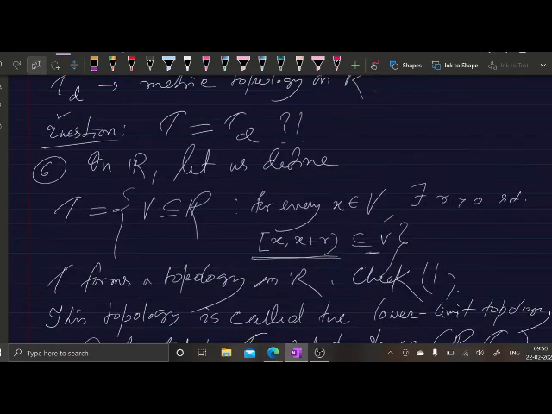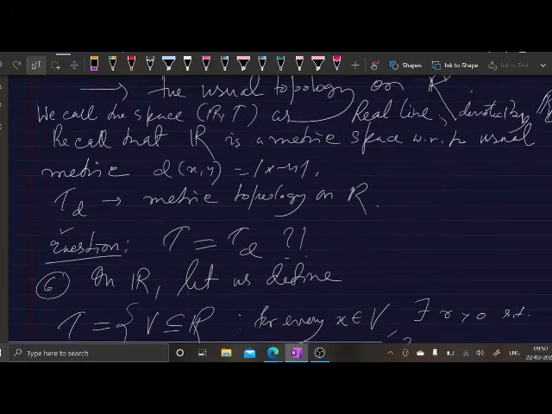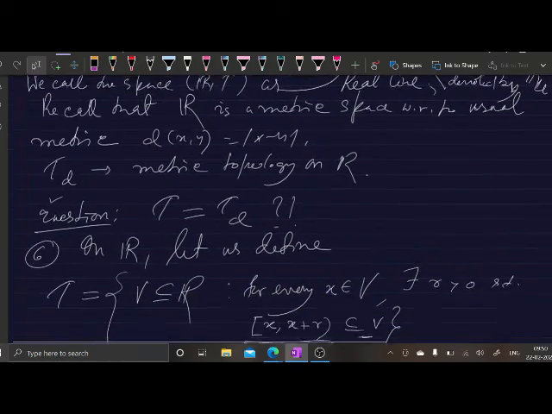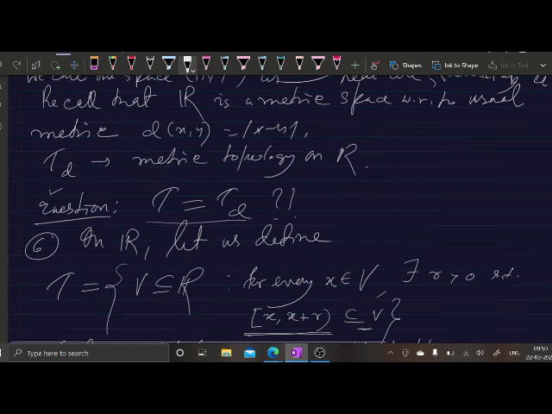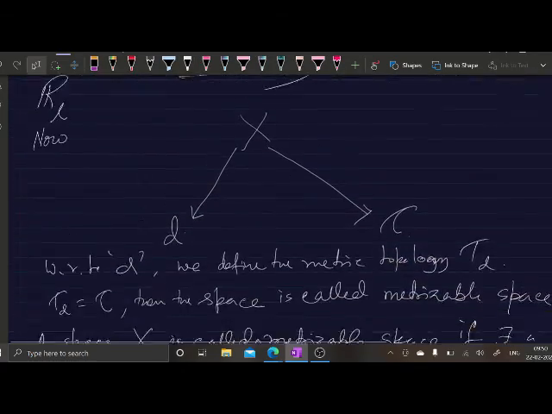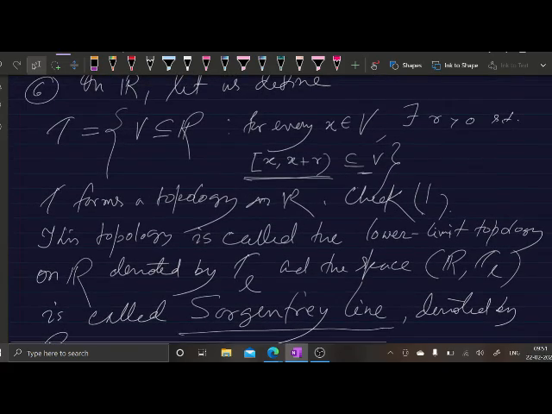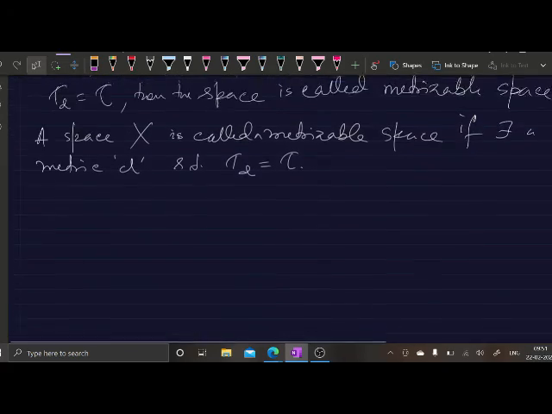The question that I asked in example 5, whether tau is equal to tau D, with respect to the usual topology the answer is yes. But we will see that in the case of lower limit topology this doesn't hold.